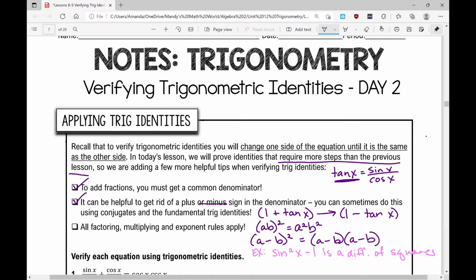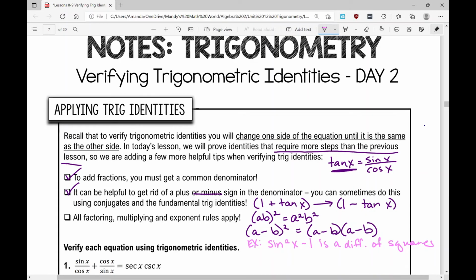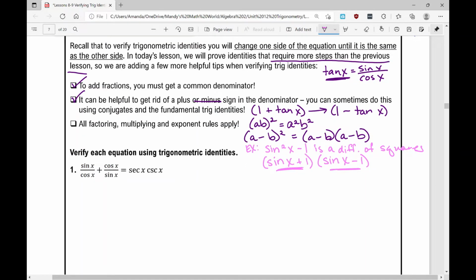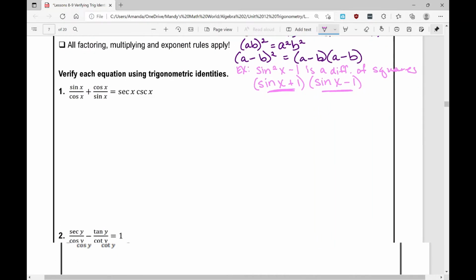This is a difference of two squares. How could I factor that? That could be factored as sine x plus 1 times sine x minus 1. And these, notice, are conjugates. So we will be going over all of these types of things as we work through. I've got 5 examples on here. So let's start with example number 1.